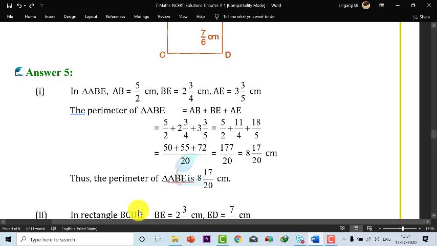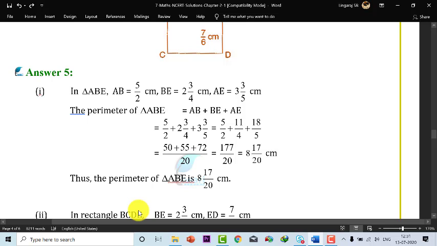The LCM will be 20 here. So 2 10s are 20, and 4 5s are 20, and 5 4s are 20. So we multiply: 5 into 10 is 50, 5 into 11 is 55, and 18 into 4 is 72.